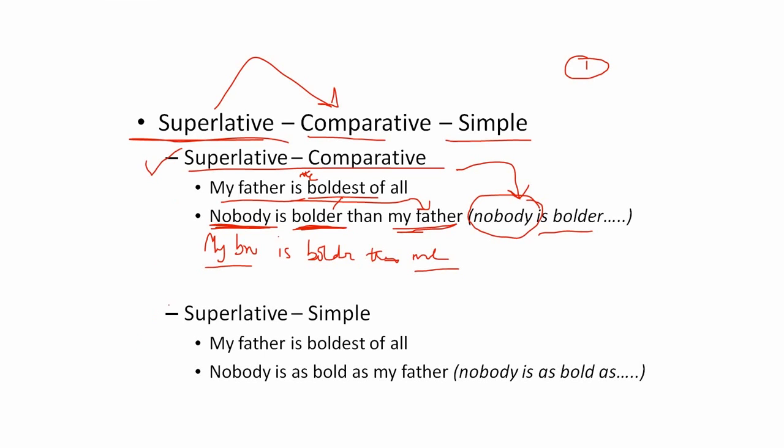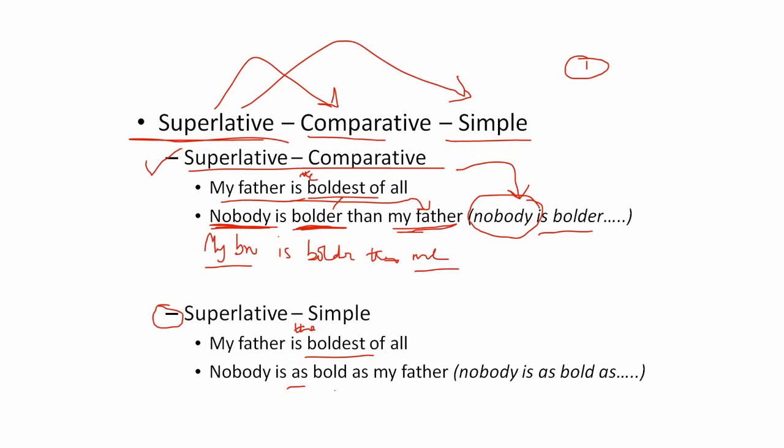Let us see how you can write superlative into simple degree. My father is the boldest of all. What I'm trying to say is nobody is as bold as my father. See, nobody is bolder than my father.